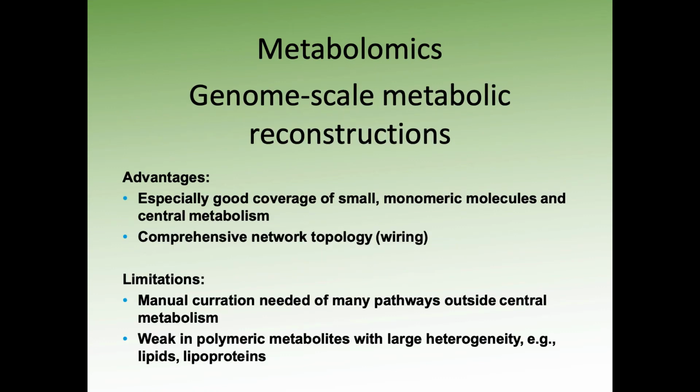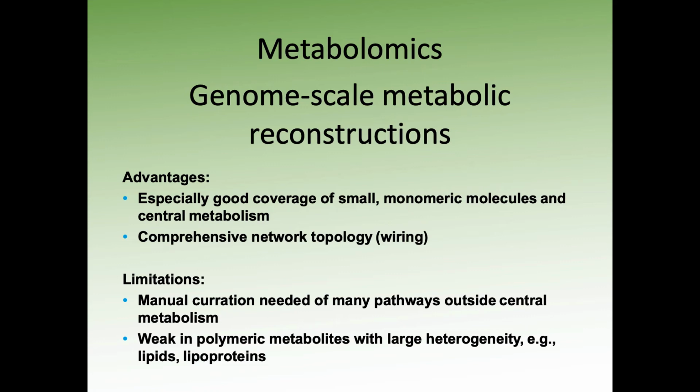There are a lot of advantages to this genome scale metabolic reconstruction when you can do it. In other words, reconstructing metabolomic reactions at a genome scale. You can get really good coverage of small monomeric molecules and do a really nice job of modeling central metabolic pathways.